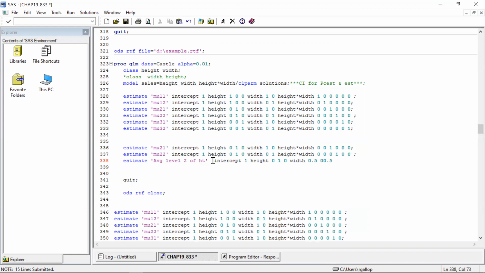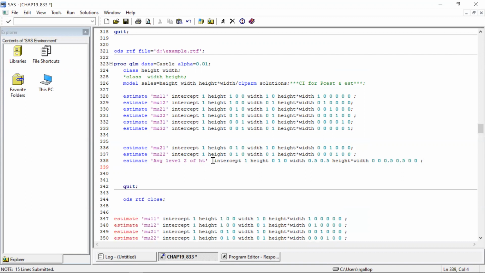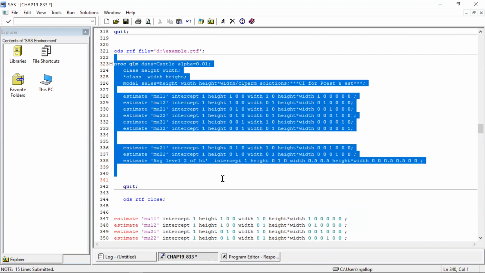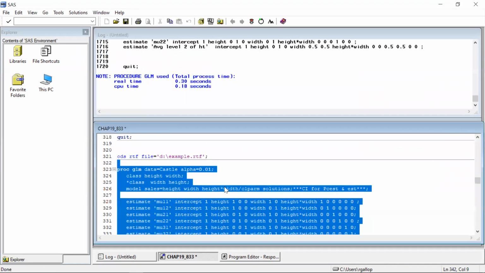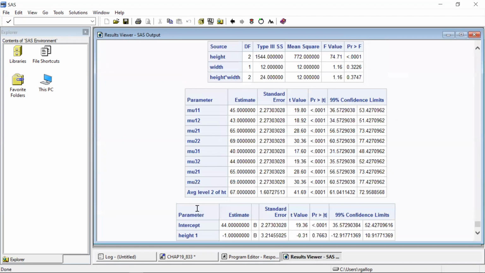So that gives us the average of the 2 heights. Let's go ahead and take a look at the estimate to see if that's right on. So we go here back to this. So we get 65, 69. That average is right on to 67.